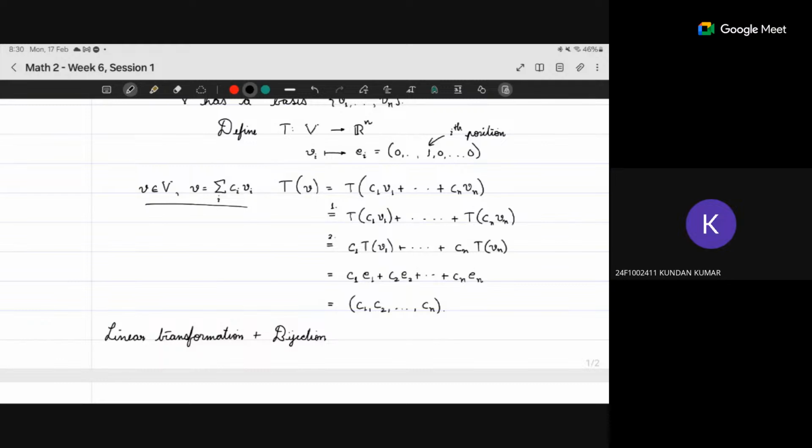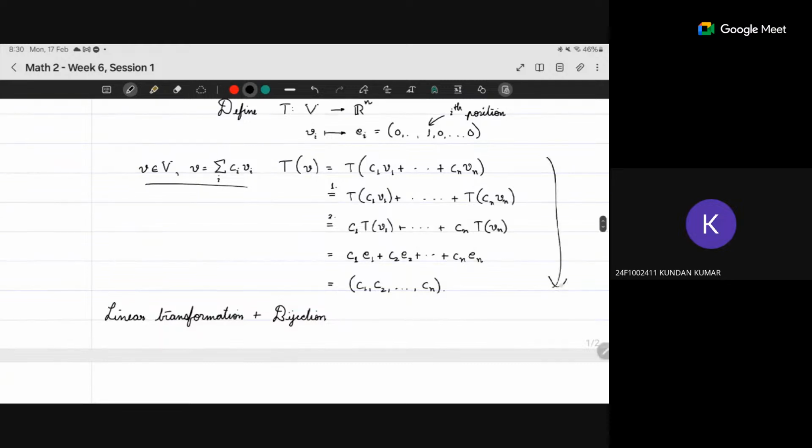And using the properties of the linear transformation, what we concluded is that the image of any vector V is the vector in Rn whose components are the coefficients of that vector with respect to this basis. It could be zero, it could be non-zero, it could be anything.